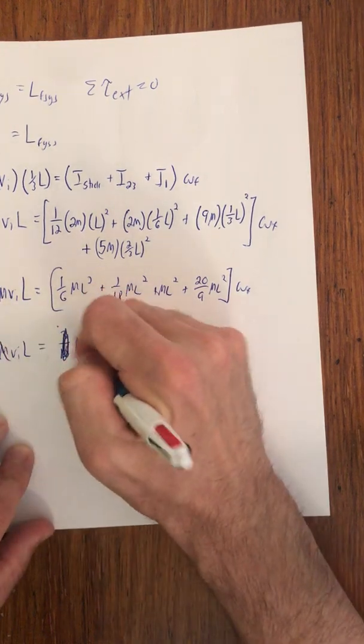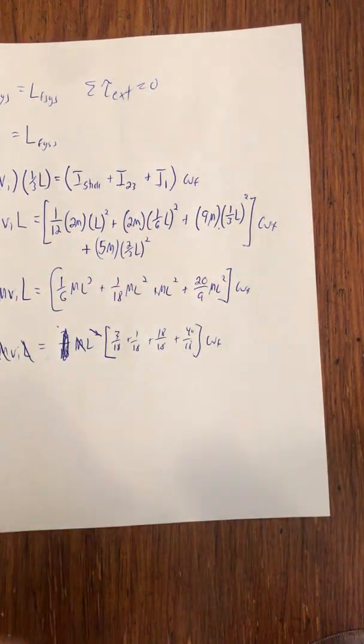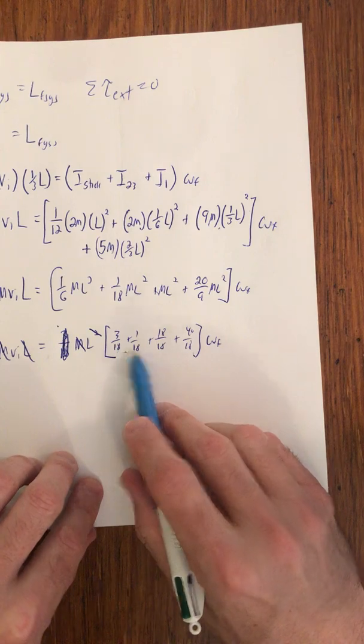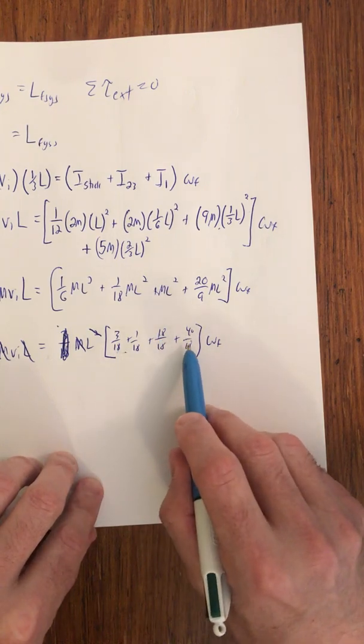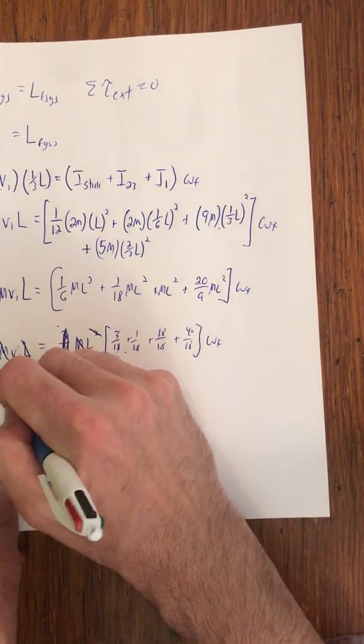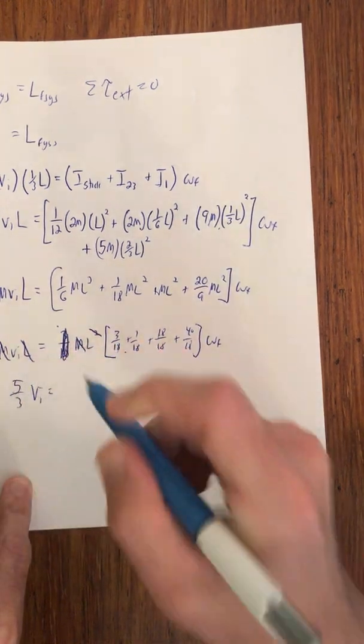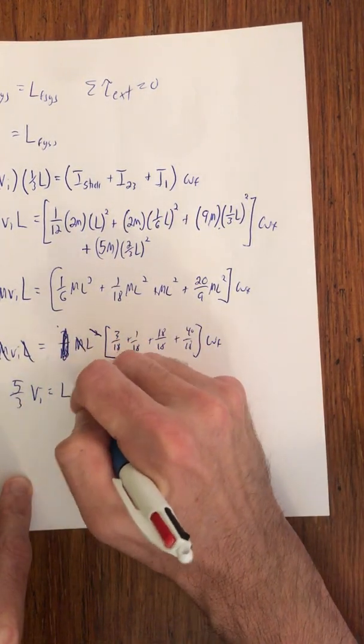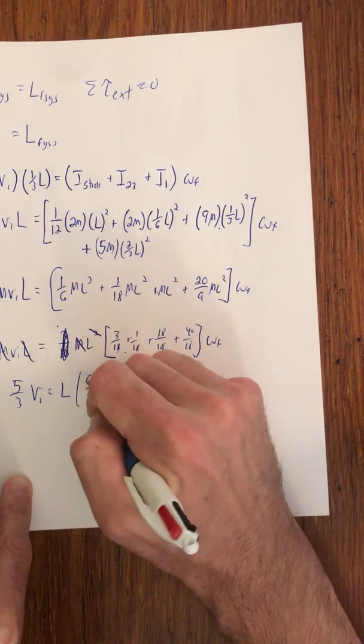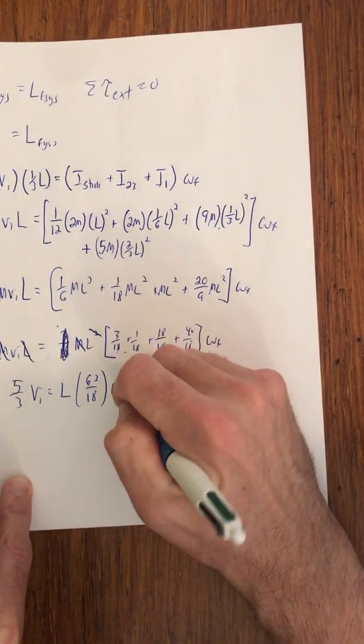So m and m, one of the l's, one of the l's, and then I've got 62/18. So 5/3 vi is equal to L times 62/18, weird numbers, omega final.